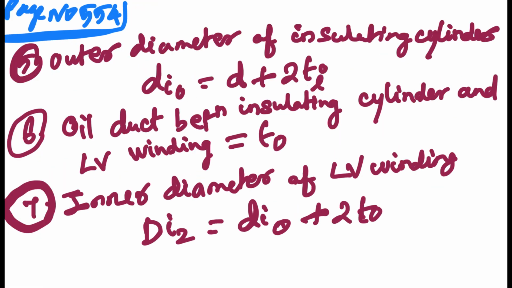Fifth: outer diameter of insulating cylinder, Di naught, is equal to d plus 2 Ti. Sixth point: oil duct between insulating cylinder and LV winding is equal to T naught. Seventh point: inner diameter of LV winding, capital DI2, is equal to small Di naught plus 2 T naught.